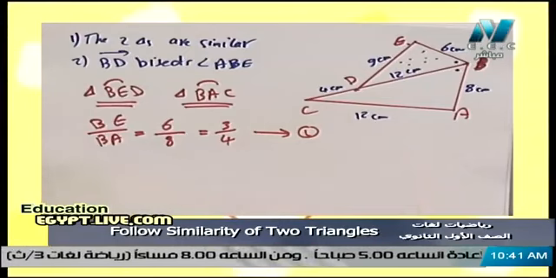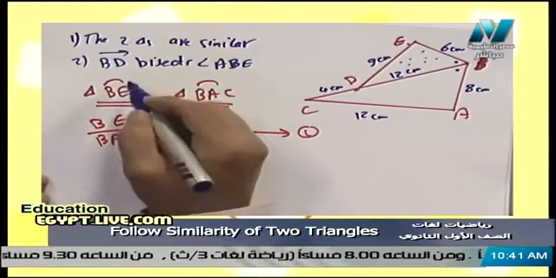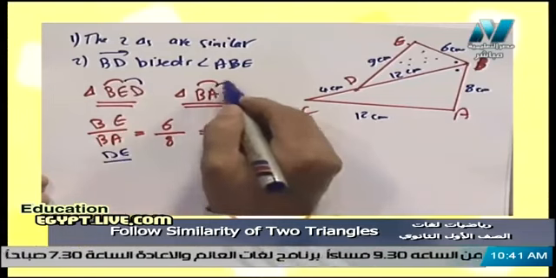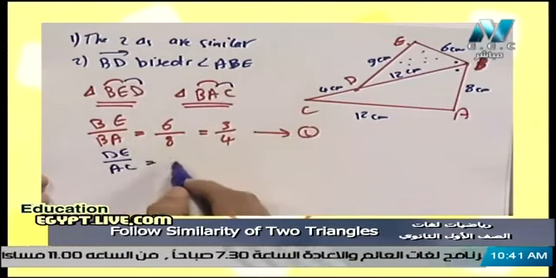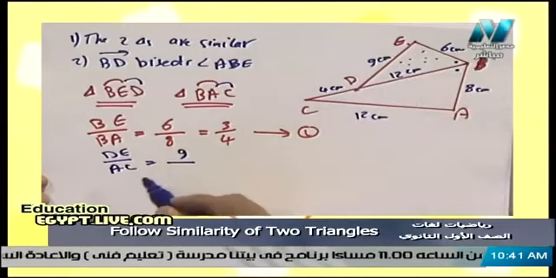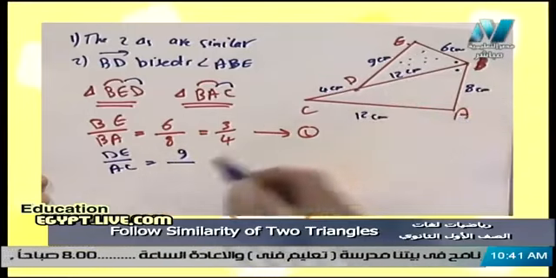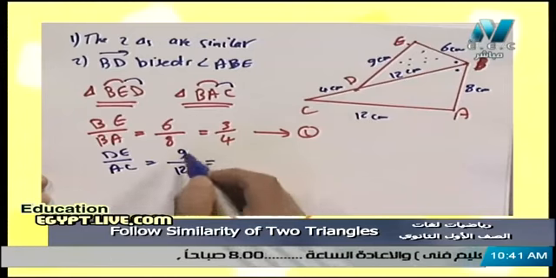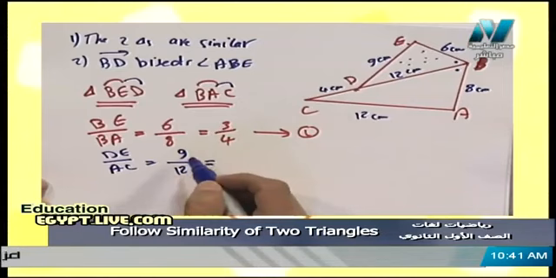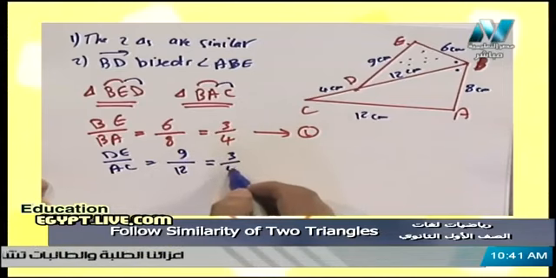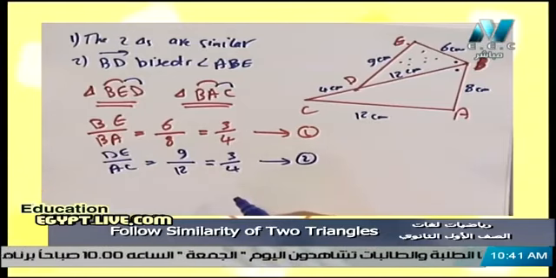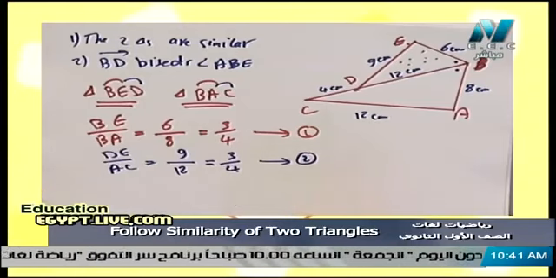Let's move to another ratio, DE over AC. DE here is 9 and AC is 12. By simplifying, dividing them by 3, it will be 3 over 4. We will call it number 2.